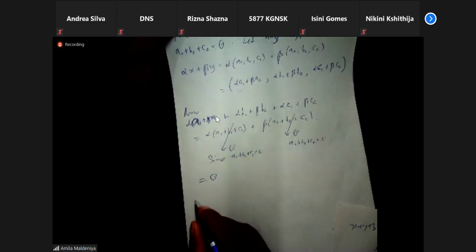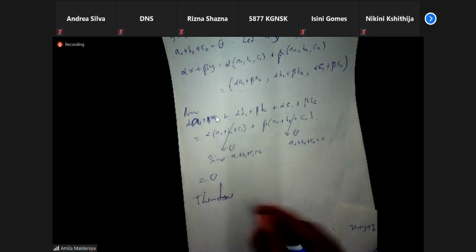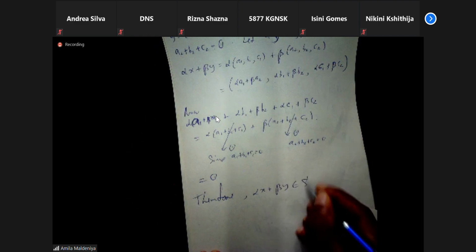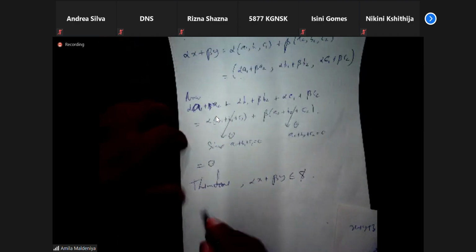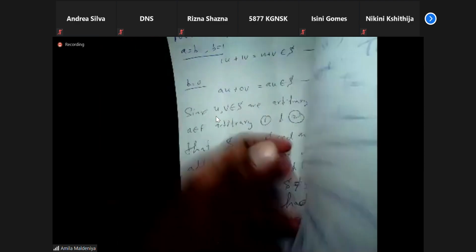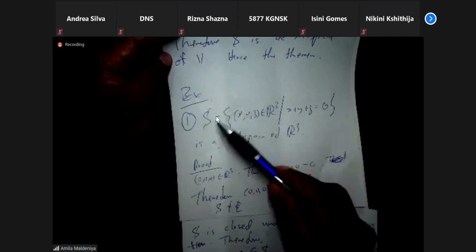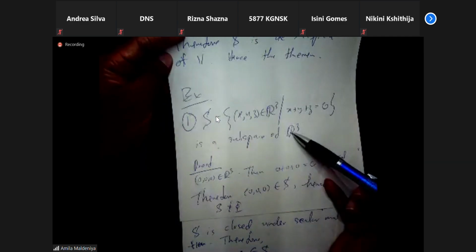Therefore alpha X plus beta Y is an element of S. Right, that's it. So to make S a subspace of R3, there are two things to prove.